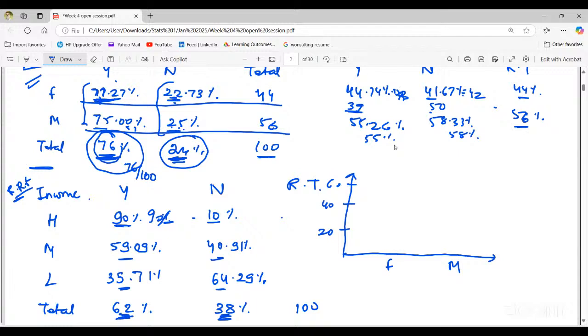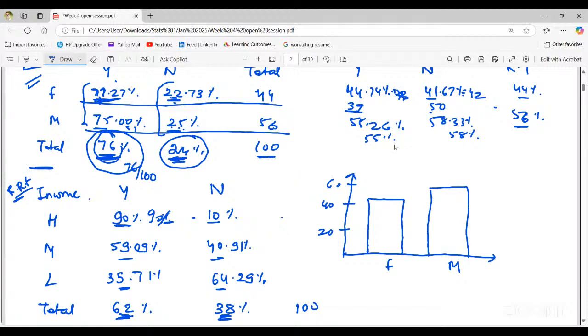The number of females is like 44, right, in total, and the number of males is like 56, correct? This is the frequency. This is a normal bar chart, correct? Ma'am, which frequency are you comparing with? The left hand one? No, I'm not comparing. I'm just making a simple bar chart.